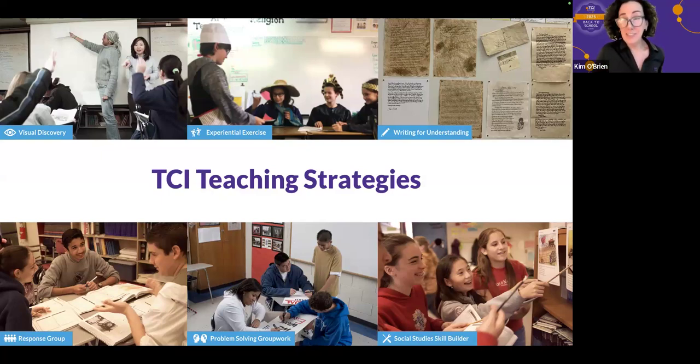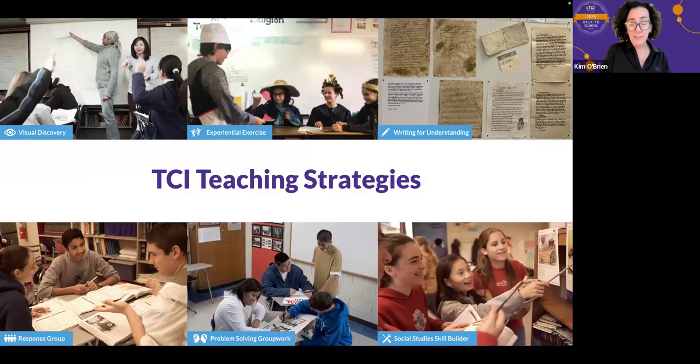Experiential exercise: these are the simulations where it's fast paced, it's quick. These are the really memorable experiences, kind of like the capture the flag for the revolution. Writing for understanding is going to incorporate usually some stations activity and then a piece of writing about that authentic experience that they had in class.